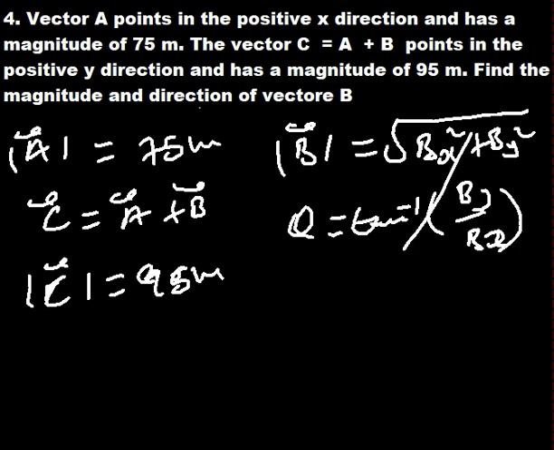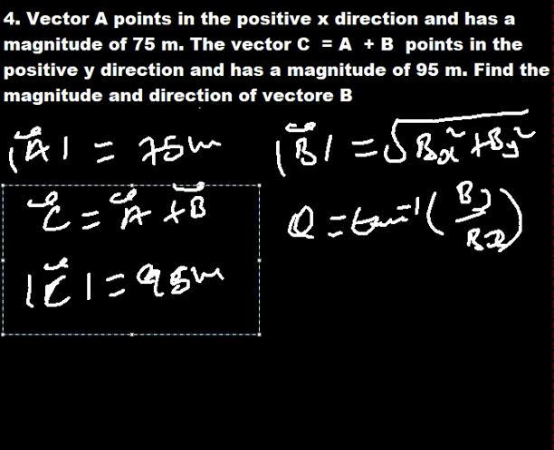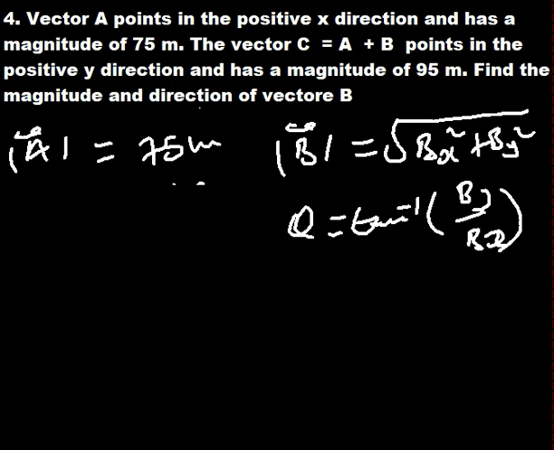So how should you get all this? Here is the first thing you need to keep in mind. We are being given that the vector A points in the positive x direction. So its x component is 75, and its y component is 0. And we have the vector C, which is the result of adding these two vectors.